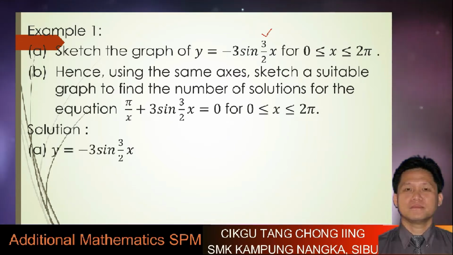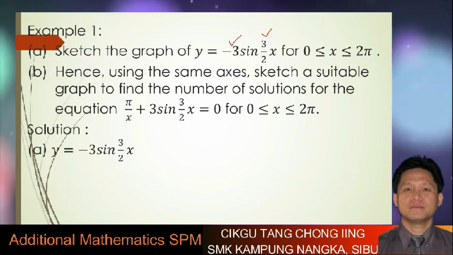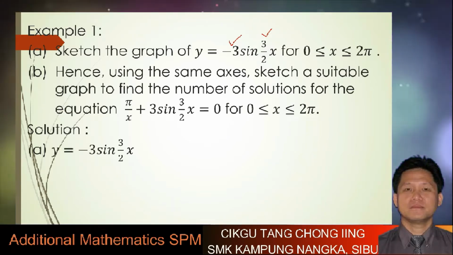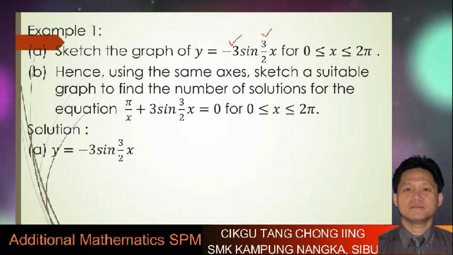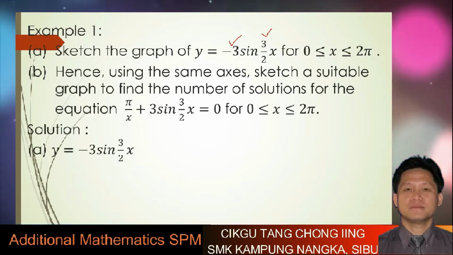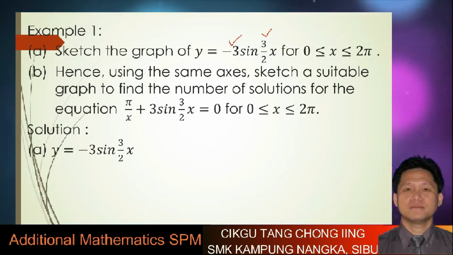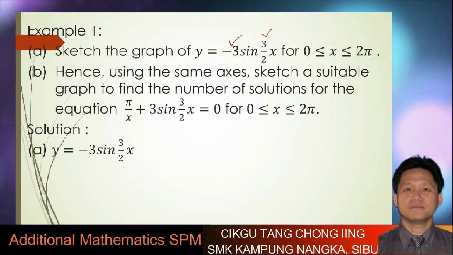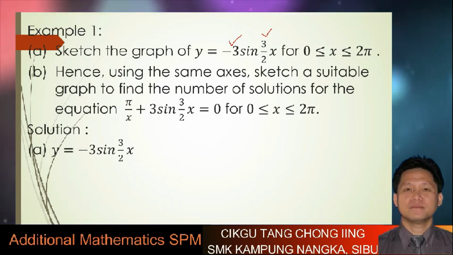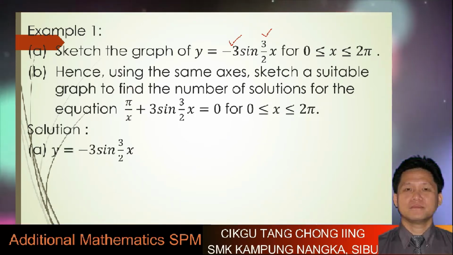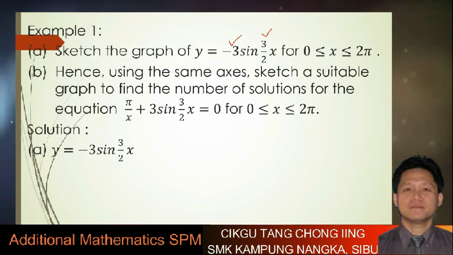And a is -3. If it is only 3, then we have maximum value 3, minimum value -3, because it will affect the amplitude. But now you have negative in front. Remember, negative means the whole graph will be reflected by the x-axis. Alright, so we will have a look.